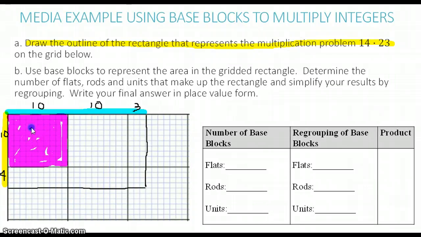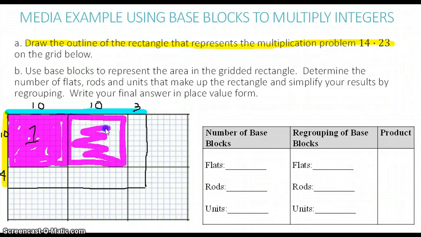So let's just label this with a 1 for our first flat. And this is our second flat. So this representation has 2 full flats. Notice these are not full flats. Maybe we can regroup them to make a flat, I'm not sure yet, but for now we have 2 flats.